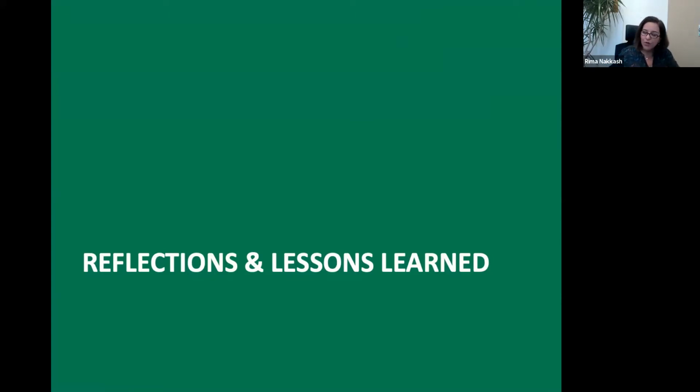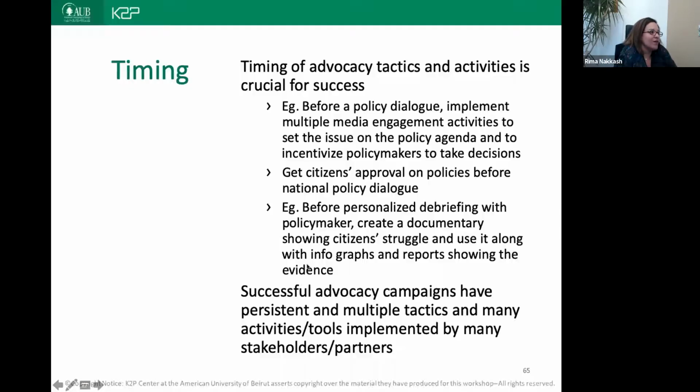But I just want to go forward now with the positive note of the power of advocacy, but also what are the various issues that we need to be thinking about. If you can go to the next slide, Rana. Timing is very important, not only as we reach the stage of advocacy activities, but also the timing overall of initiating an advocacy campaign.